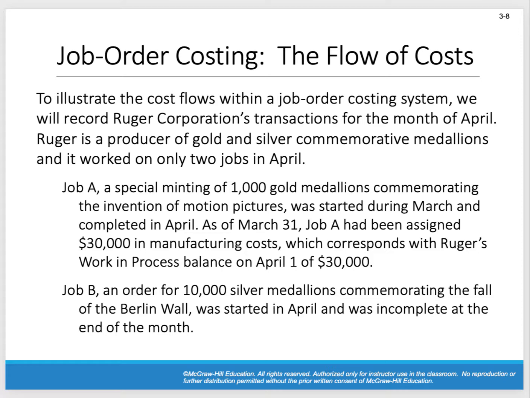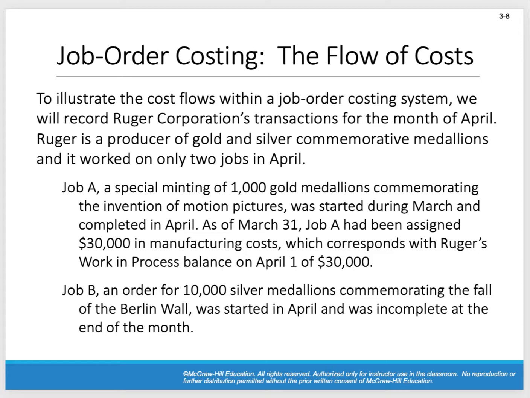They say that as of March 31st, job A was assigned $30,000 in manufacturing costs, which corresponds with Ruger's work in process balance on April 1st of $30,000. So that means that at the beginning of the month, guess what's sitting in WIP? Partially completed units, right?